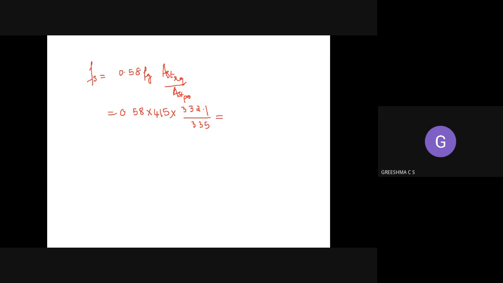So how much is the FS value? 238.6 Newton per mm square.